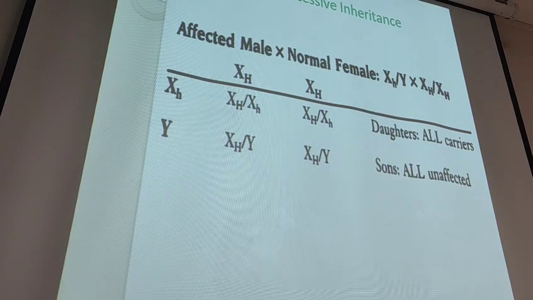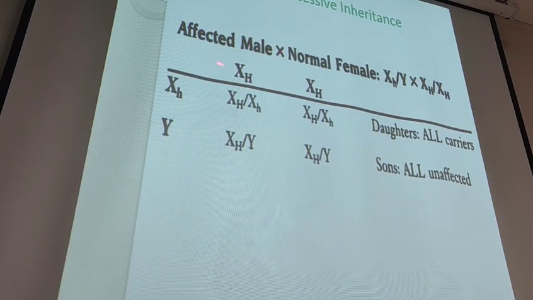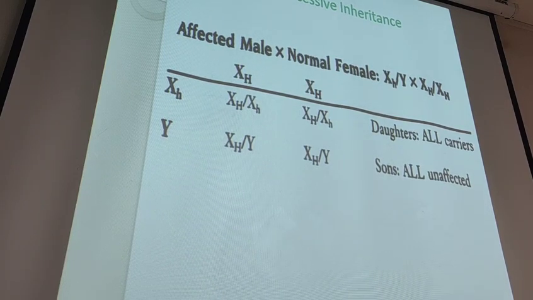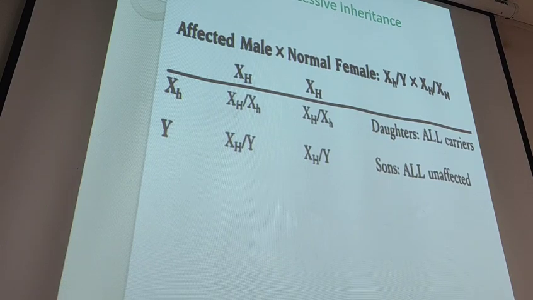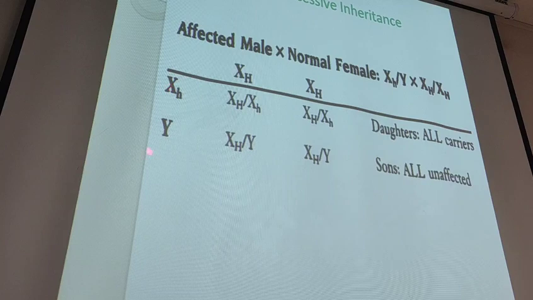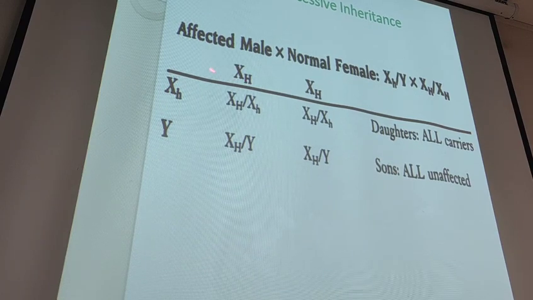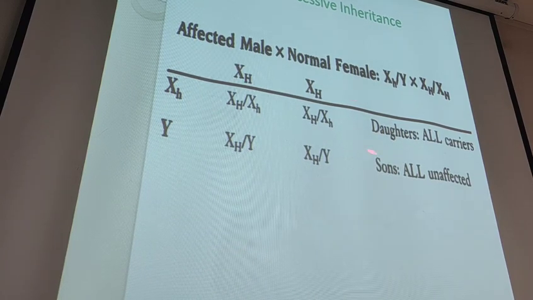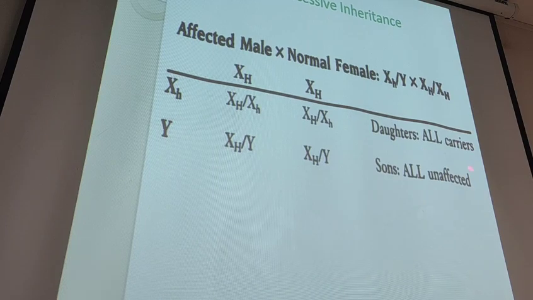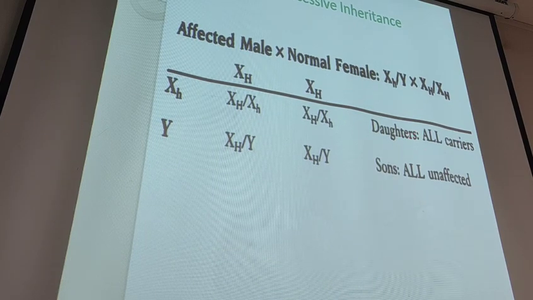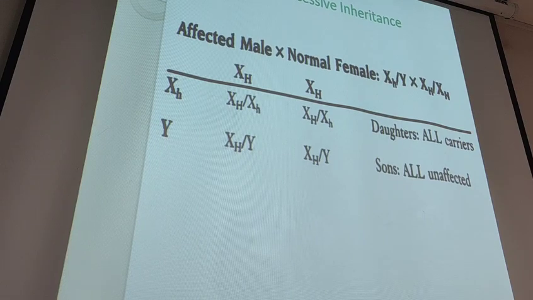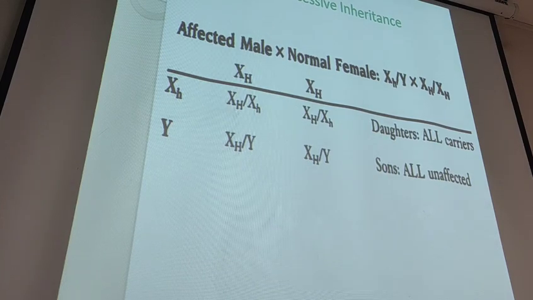For the marriage between affected males and normal females in X-linked recessive, if we have an affected male and normal female, all daughters will be carriers because the affected male has one mutated X and he transmits this X chromosome to all of his daughters.